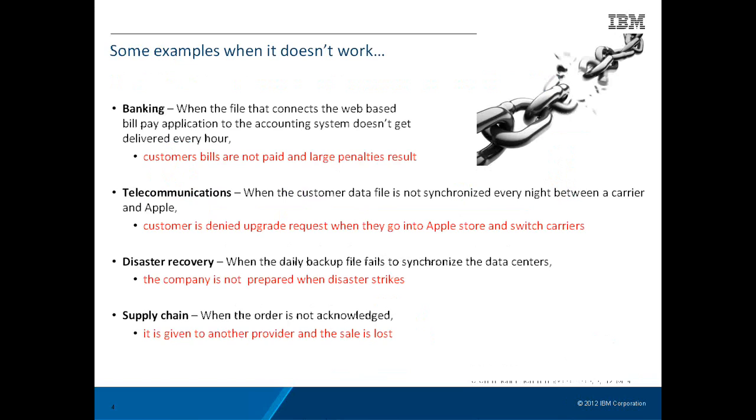Some examples of what happens when it doesn't work: in the banking industry, in BFSI, if certain files that need to be delivered are not delivered on time, then some of the customer bills that are paid online are not processed, and hence there are penalties that need to be paid to the various billers. In telecom, again, various kinds of data files are exchanged.